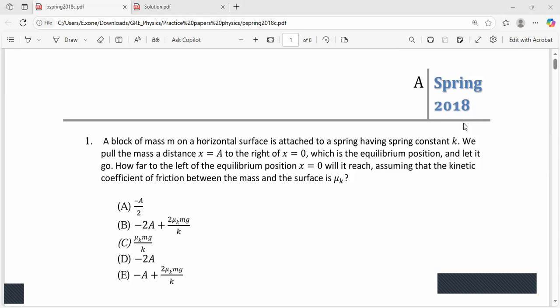Today I have chosen a past paper of the 2018 spring admission of MPhil and PhD in Quaid-e-Azam University.